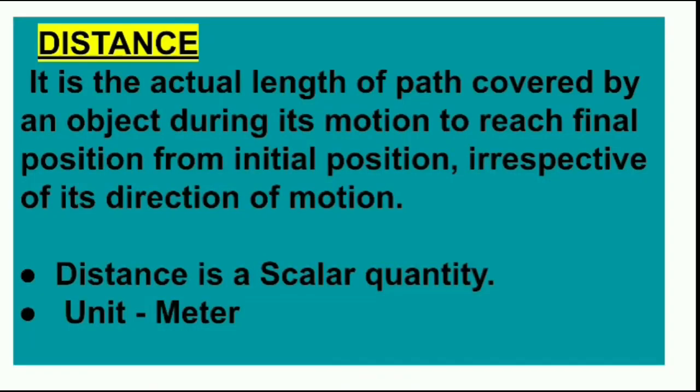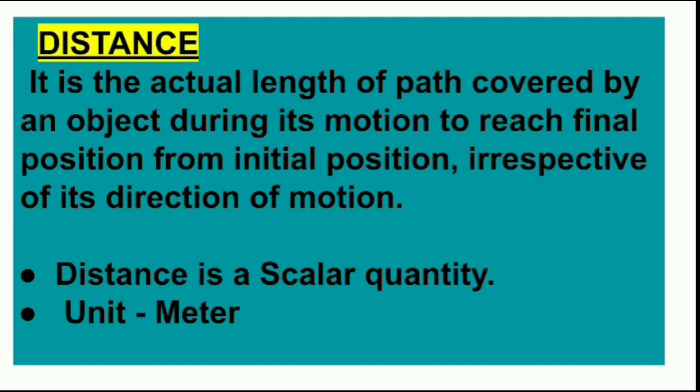So, first of all, we have to know about distance. Okay? Distance is the actual length of path covered by an object during its motion to reach final position from initial position, irrespective of its direction of motion.